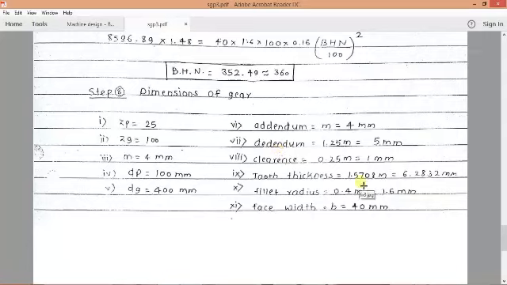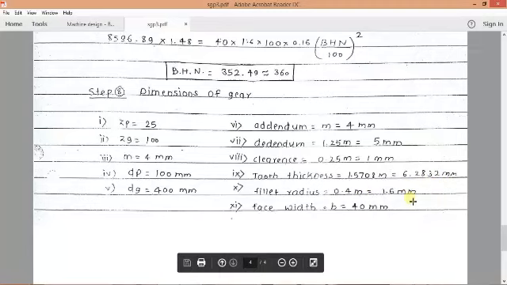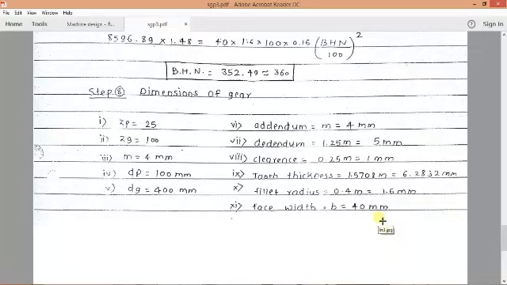Tooth thickness is 1.5708 of the module, so calculating this we get 6.2832. Fillet radius is 0.4 of the module, which is 1.6 mm, and finally face width B is equal to 40 mm. So these are the types of calculations we have to do, and they are very simple ones. Once you are clear with the formulas, the calculation of any type of numerical doesn't matter.